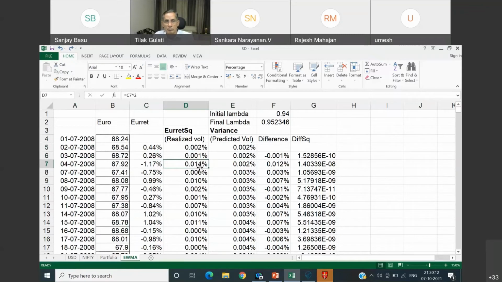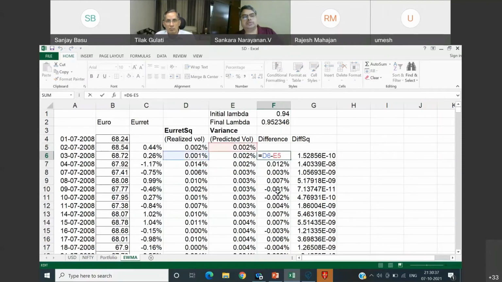Okay. So just as you backtest VAR, you must have seen, we backtest VAR with actual P&L, isn't it? So you predict volatility using historical data, and you compare the square of returns with predicted volatility.